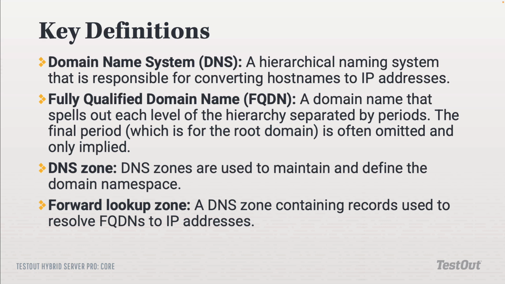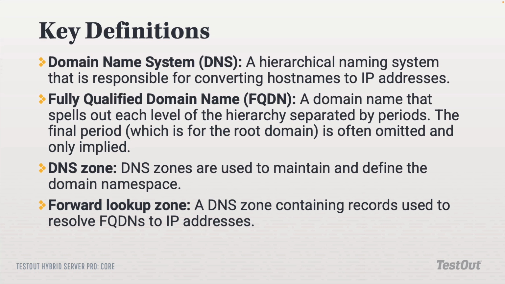Our DNS zones are just a way that we can organize different records. They are just like buckets, if you will, of the different parts of the domain that we're utilizing. The thing that you have to remember is the difference between forward and reverse lookup zones, okay? With a forward lookup zone, we are resolving our fully qualified domain name to an IP address, okay?